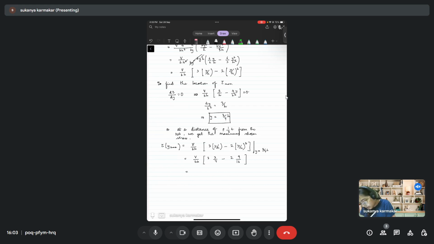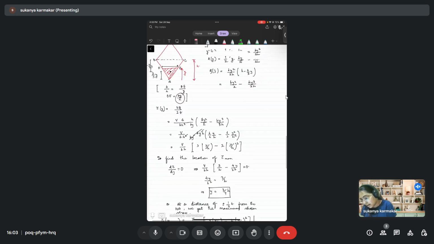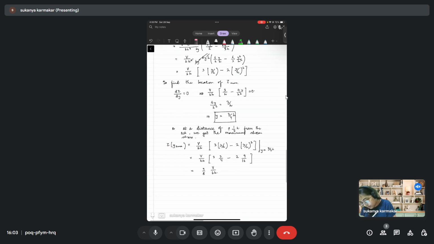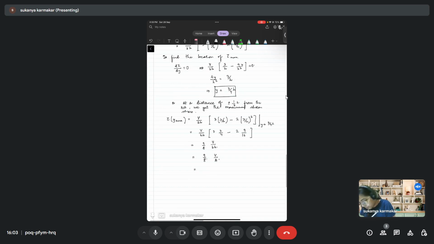So this you will get to be 9 by 8 V by bh, and in other words, this is V by A times 9 by 8, and 9 by 8 is equal to 1.125. Tau max is 1.125 V by A. So the value of the constant is 1.125.